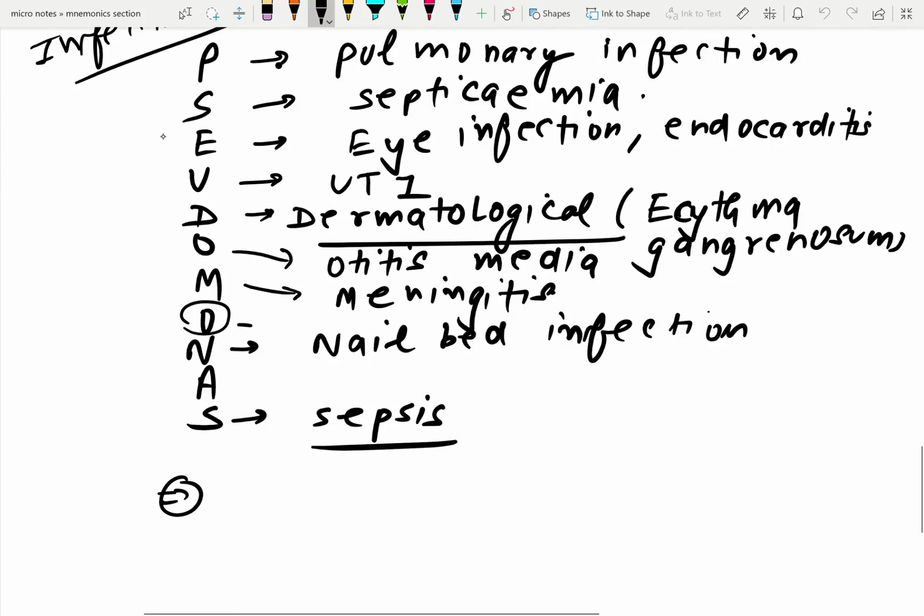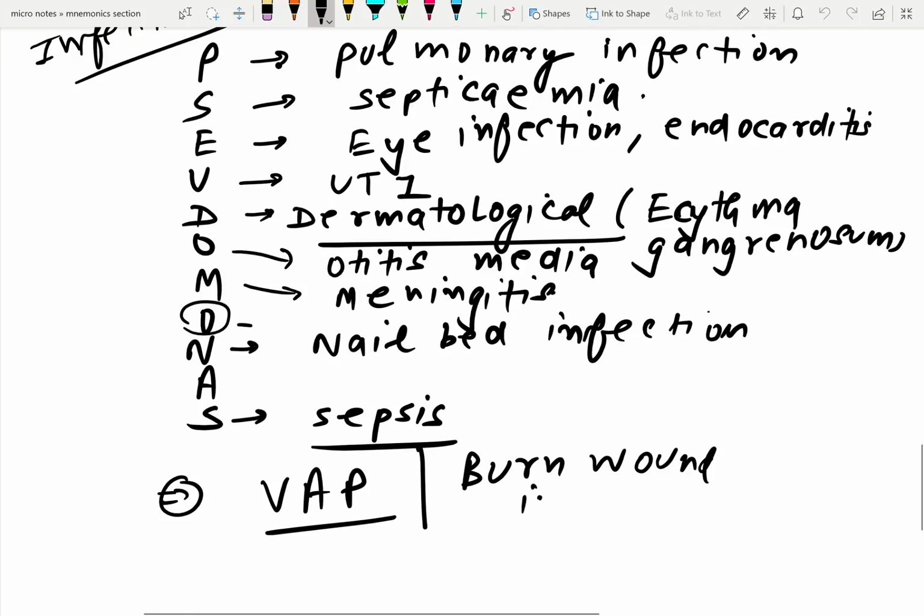Pseudomonas associates with VAP, and it's the biggest enemy of burn wound infections. Most burn patients die of Pseudomonas infections.